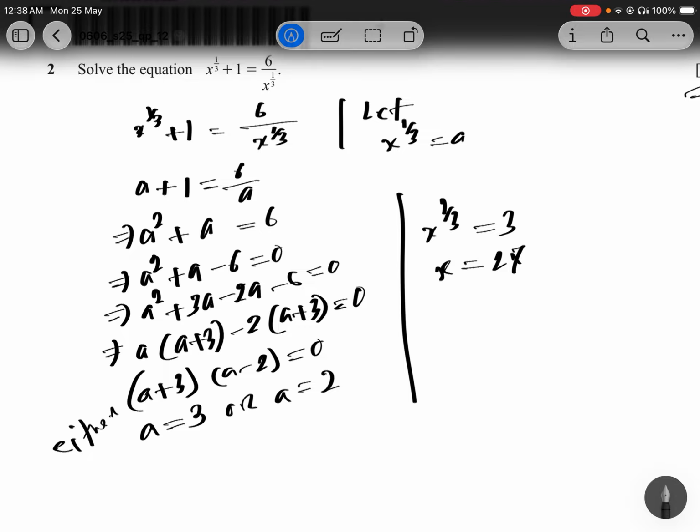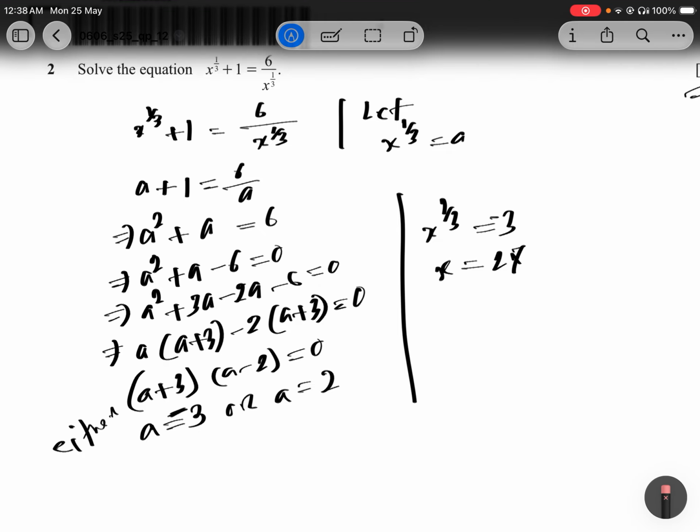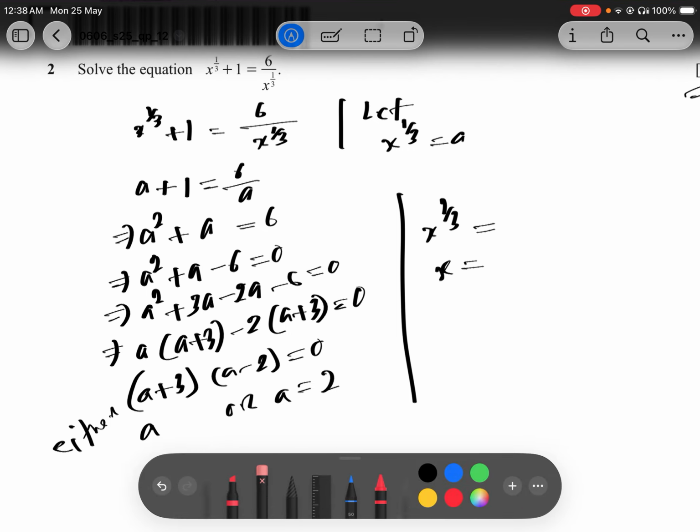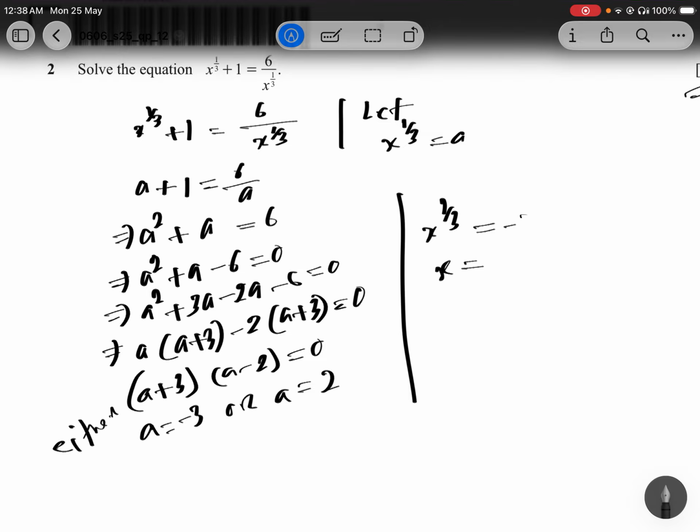I'm sorry, this is minus 2, right? It should be minus 2, so it would become minus 8.